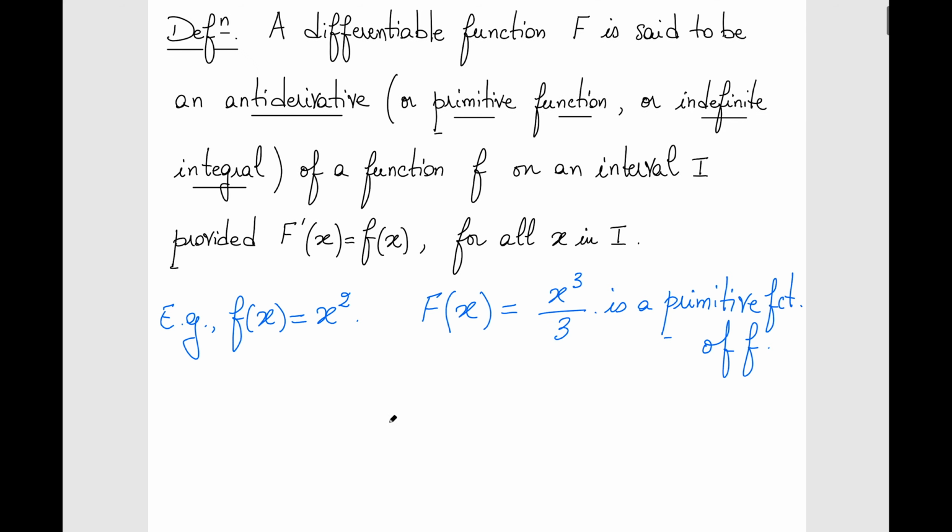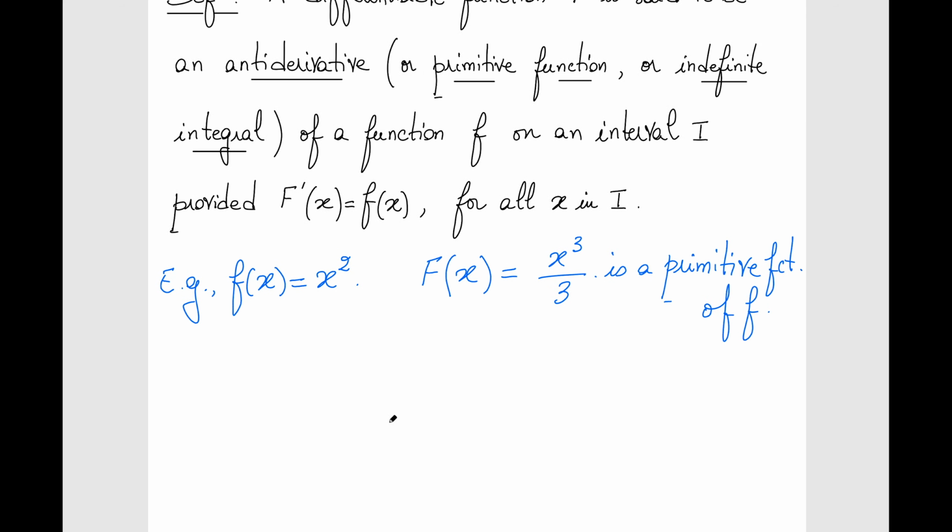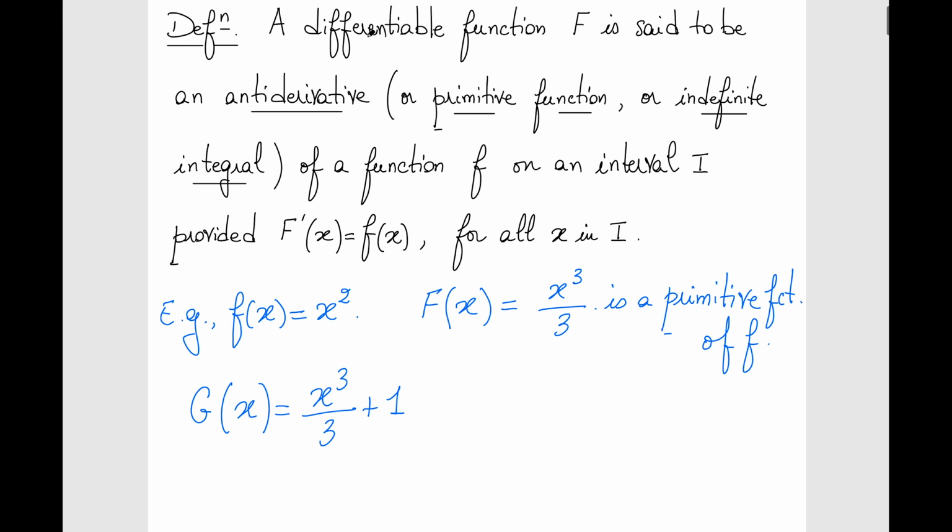However, if you take g of x to be x cubed over 3 plus 1, this is also a primitive of little f. Why? Because this function is certainly differentiable, and the derivative of capital G is equal to little f.